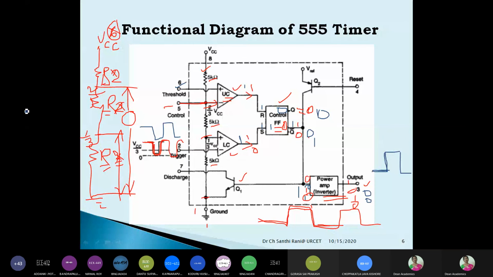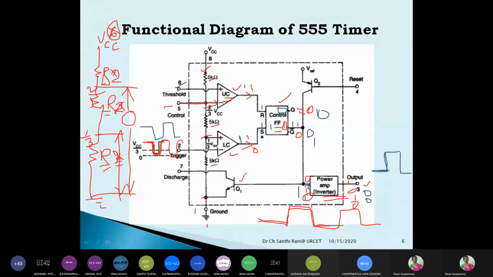So when the input voltage is varying from positive to negative, negative to positive, like that, the outputs of the comparators will be changing. Sometimes it is greater than 1/3 VCC, therefore it will be set to 1.